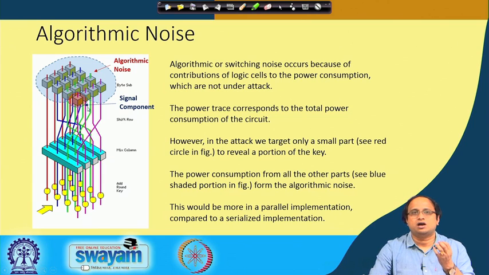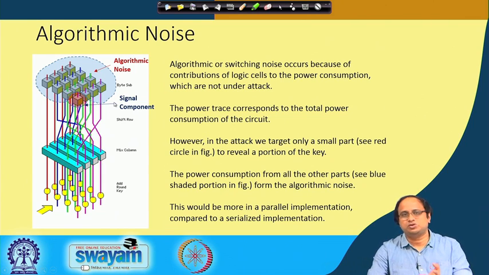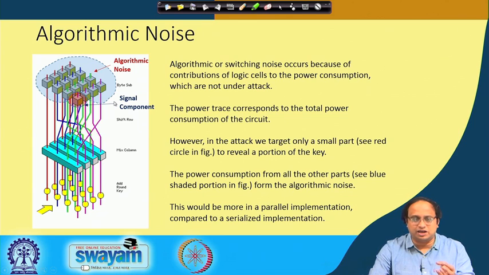It has a component which I call the signal, whereas the other components, which are not a part of this attack, serve to generate noise. This component of noise is called algorithmic noise, because it has something to do with the algorithm itself.